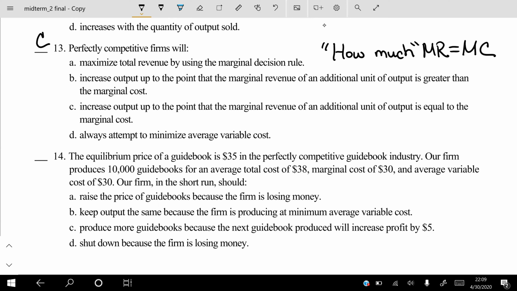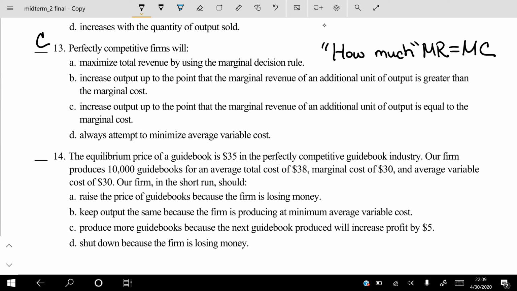Our firm in the short run should A, raise the price of guidebooks because the firm is losing money, keep output the same because the firm is producing at the minimum average variable cost, produce more guidebooks because the next guidebook produced will increase profits by $5, or shut down because the firm is losing money.